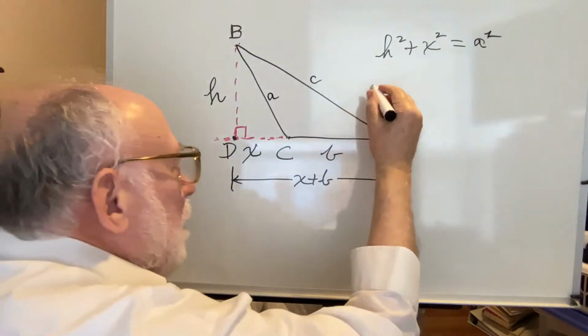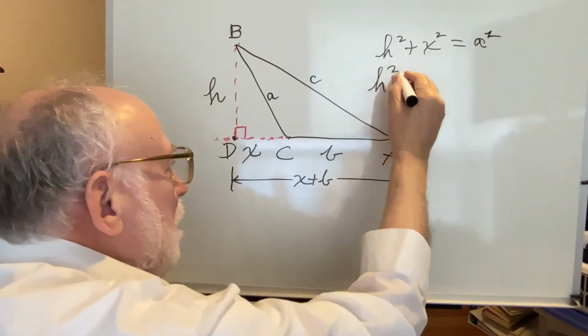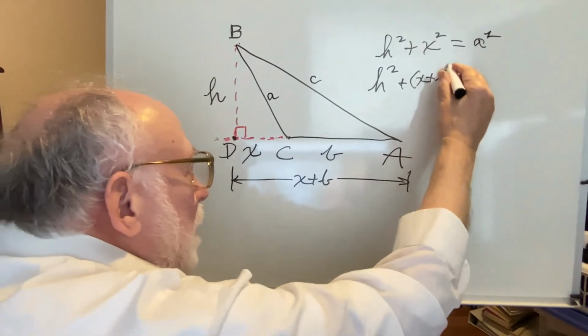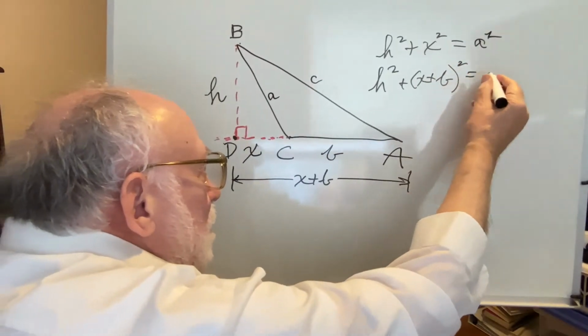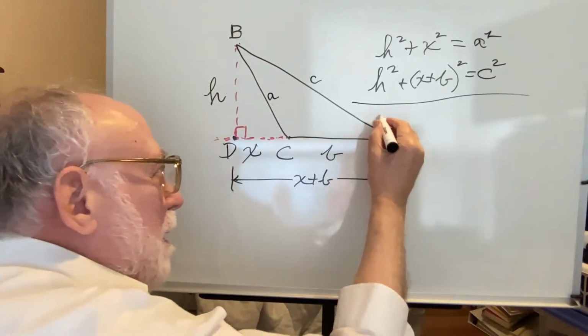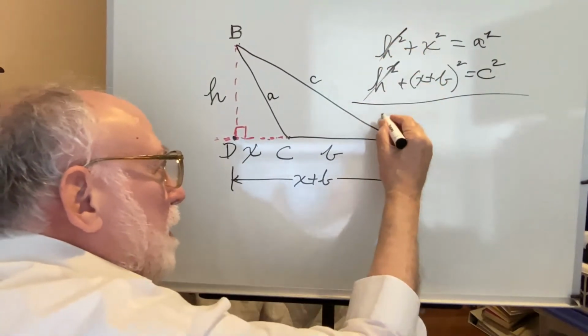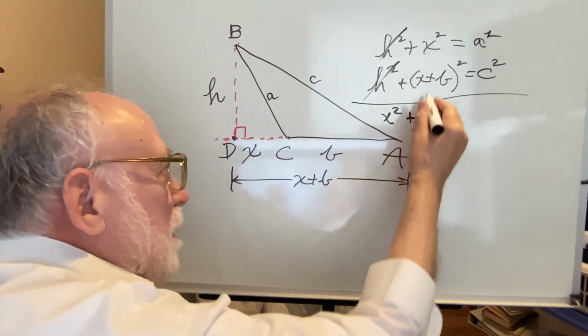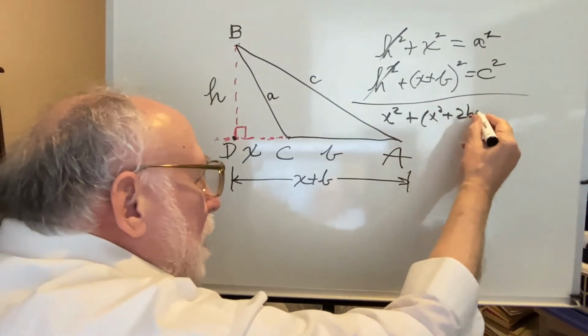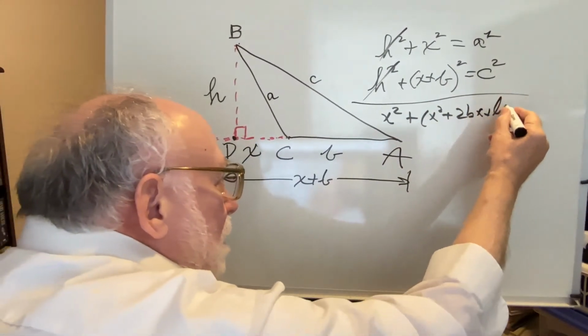Here's the big triangle. You have H squared plus (X plus B) squared equals C squared. Now we subtract again. When we subtract, this squared is going to be X squared plus 2BX plus B squared.